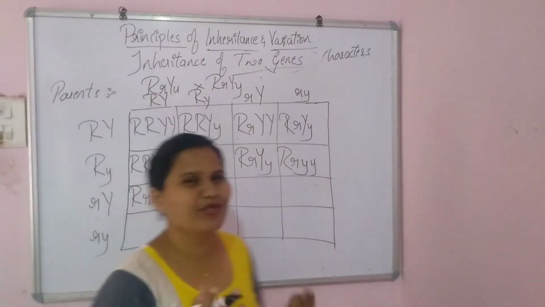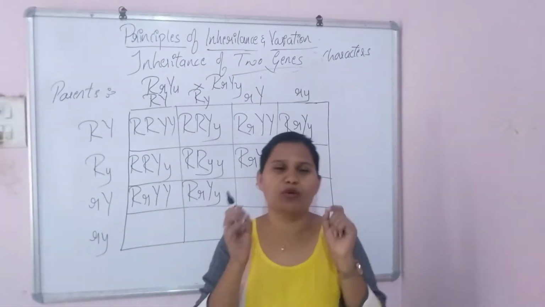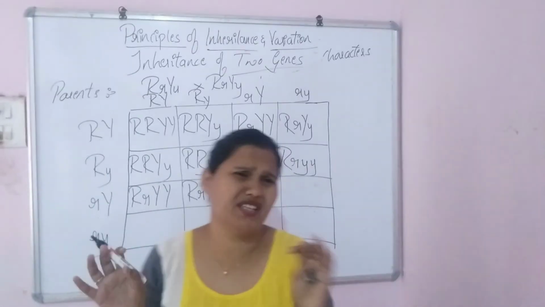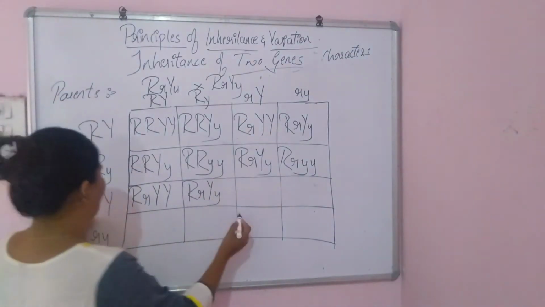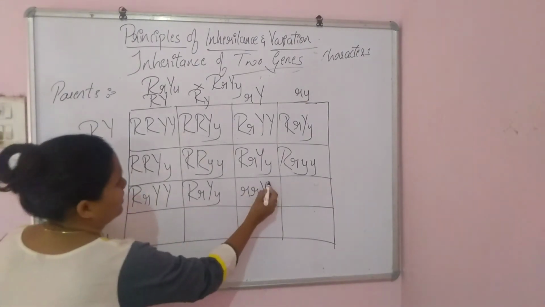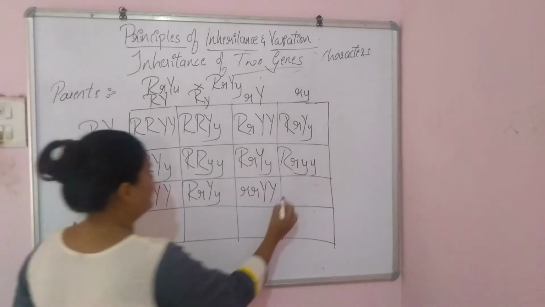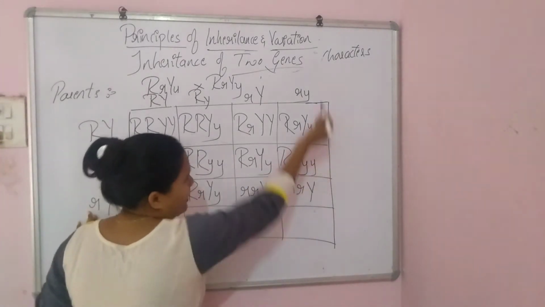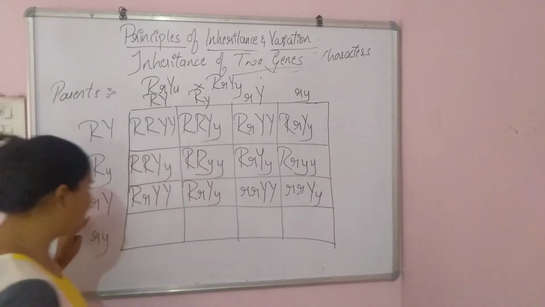So it sounds so complex, right? Please concentrate and try to do it. It is very easy. So here again, the small r, capital Y and capital Y. Again here, the small r, here's the presence of capital Y and there's the presence of small y.